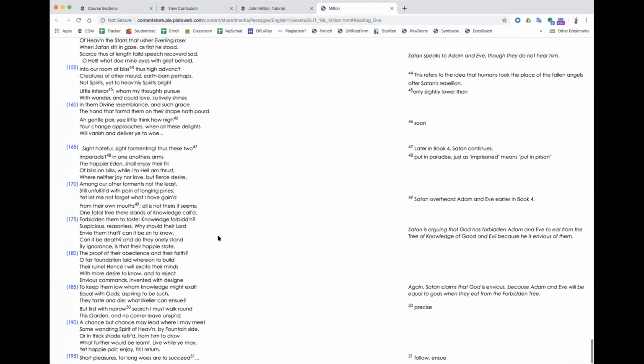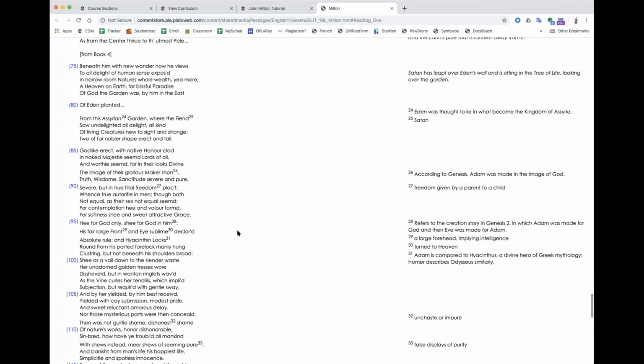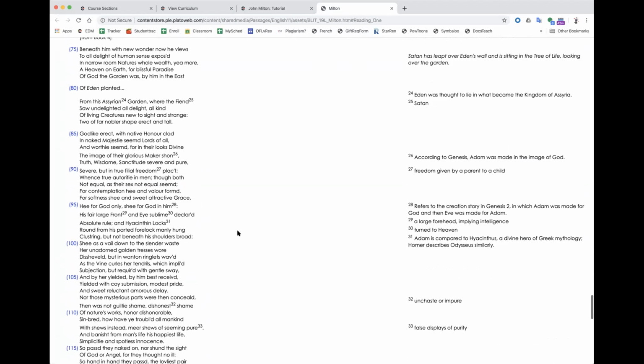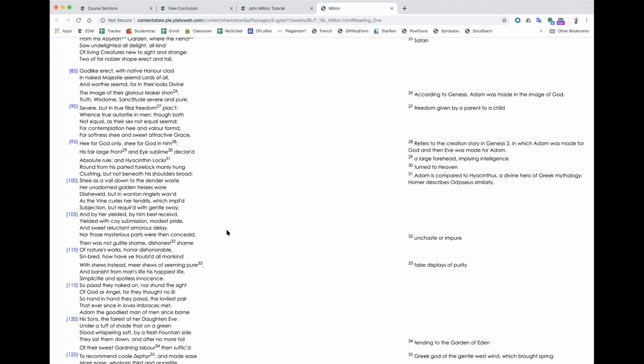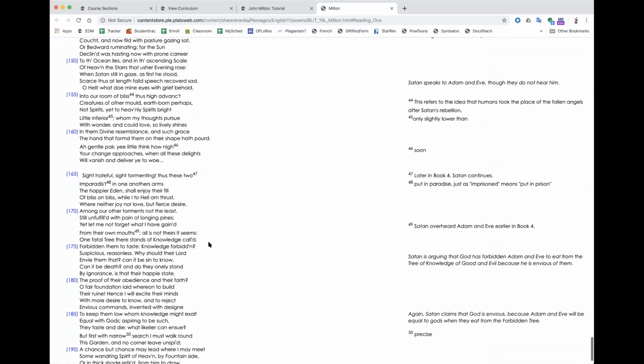If you scroll down really near to the bottom, just like with Book 4, like the video said, it really opens with Satan looking down across the Garden of Eden, and then we skip through. He's looking at a description of Adam and Eve here, and then we skip a little bit, and it later continues.